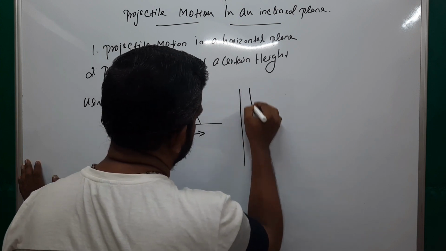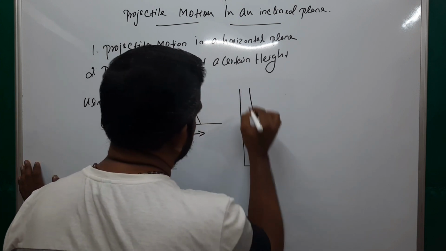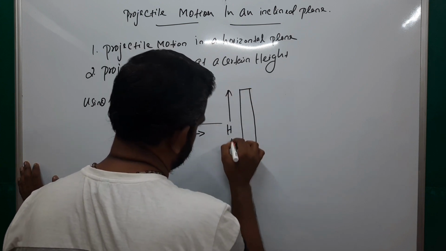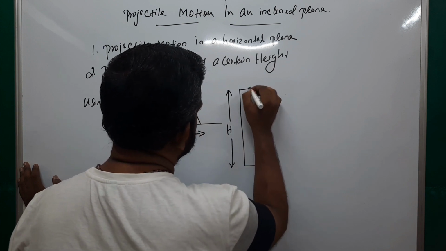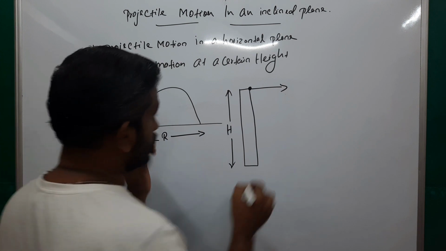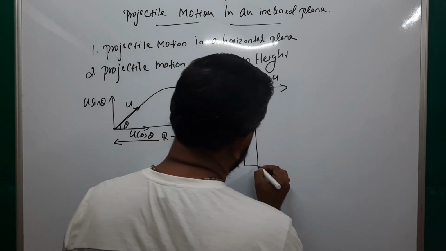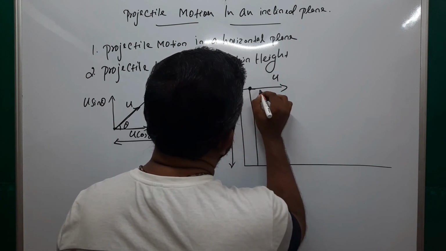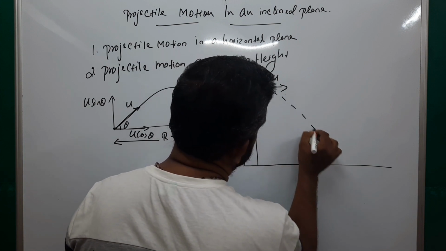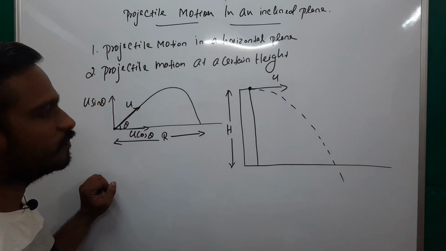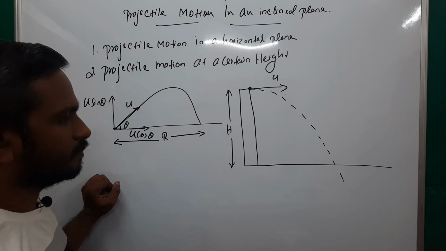This is a tower of height capital H. From here a projectile is projected horizontally with the initial velocity u. It makes a trajectory like this, the path followed by the projectile. So this is the first case we have studied.